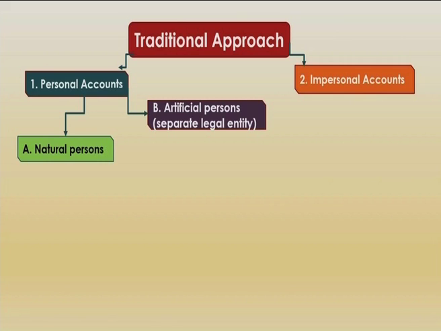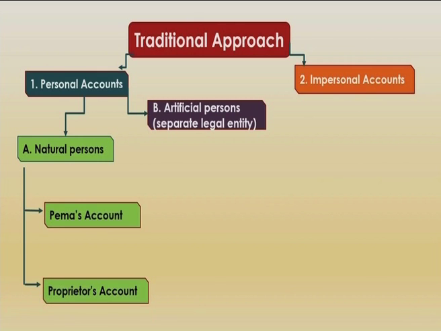Natural persons are like you and me, who can speak, who can listen, who can understand. The second category of personal account is artificial persons, like Bank of Bhutan and Tashi Bank, which have a separate legal entity, which can be sued and can sue other companies in court.